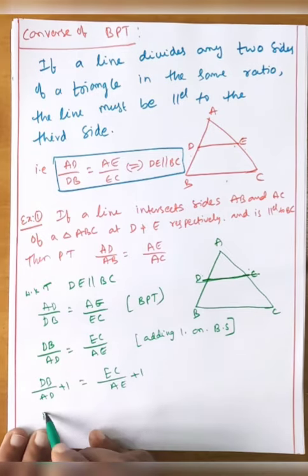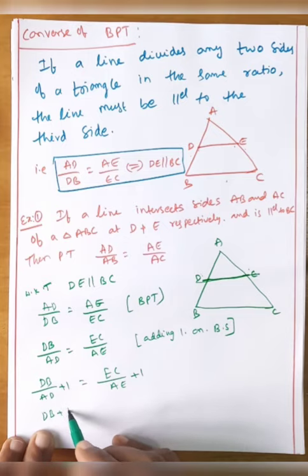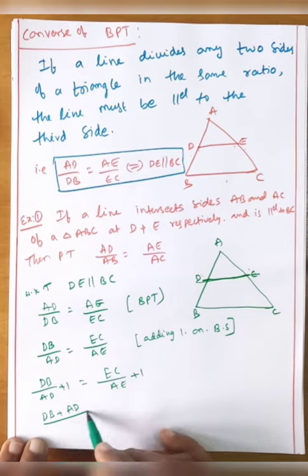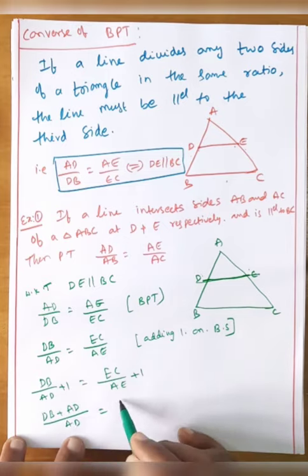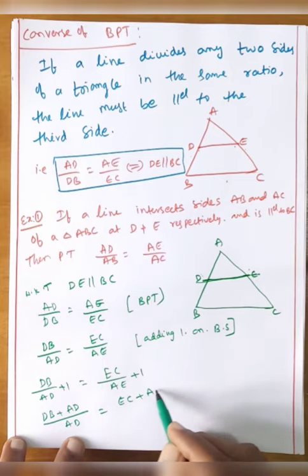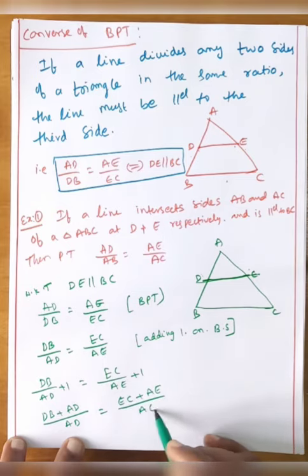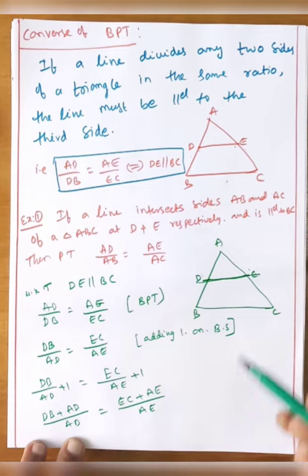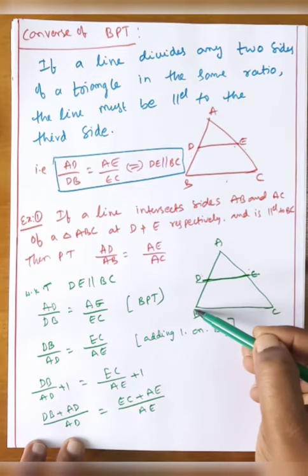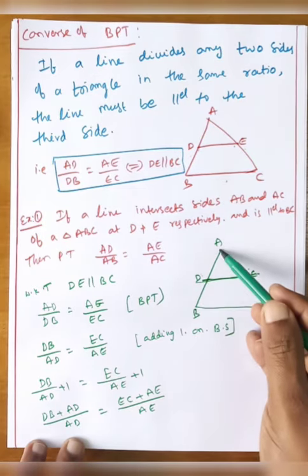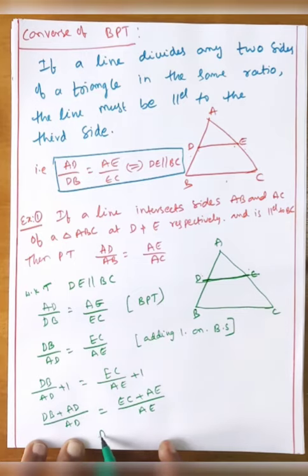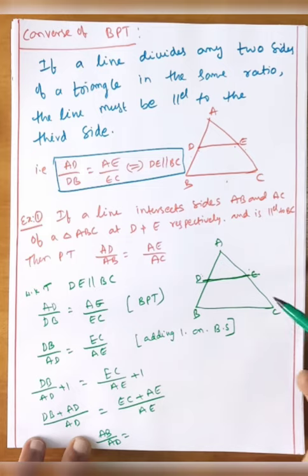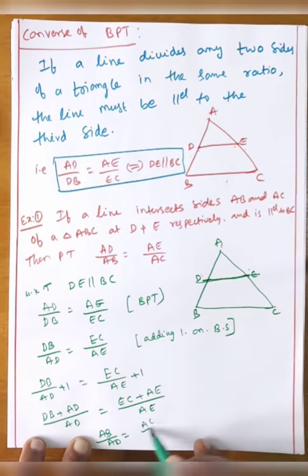Now DB plus AD by AD, taking the LCM, is equal to EC plus AE by AE. Observe that DB plus AD is equal to AB, and EC plus AE is equal to AC. So AB by AD is equal to AC by AE.